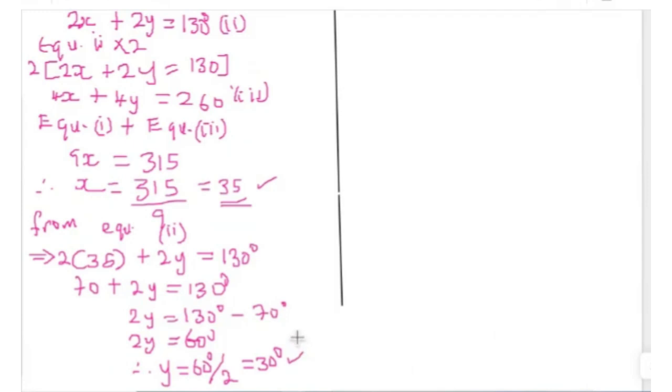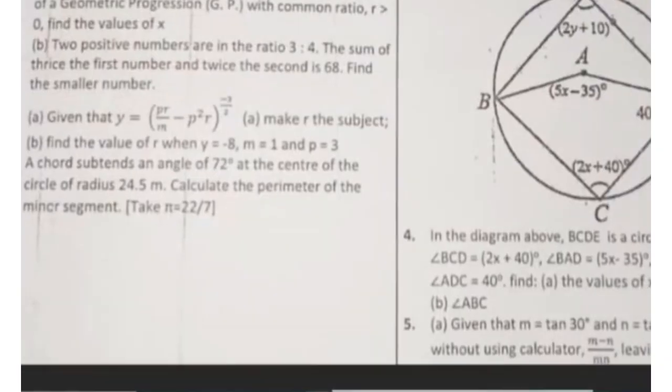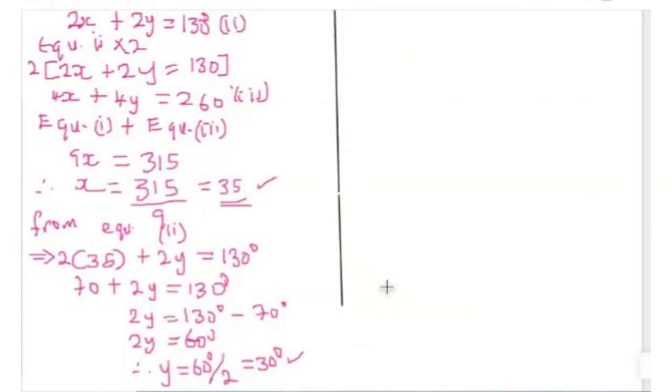Okay, so with this, we've answered the A part of the question, which is to find the values of x and y. So the next thing for us to do is to obtain the value of this angle. But before we do that, we need to recognize that ABCD is a quadrilateral. The sum of angles in a quadrilateral is 360 degrees. However, we need to determine the values of angle BAD and angle BCD, so we can easily apply our rule and get the answer.